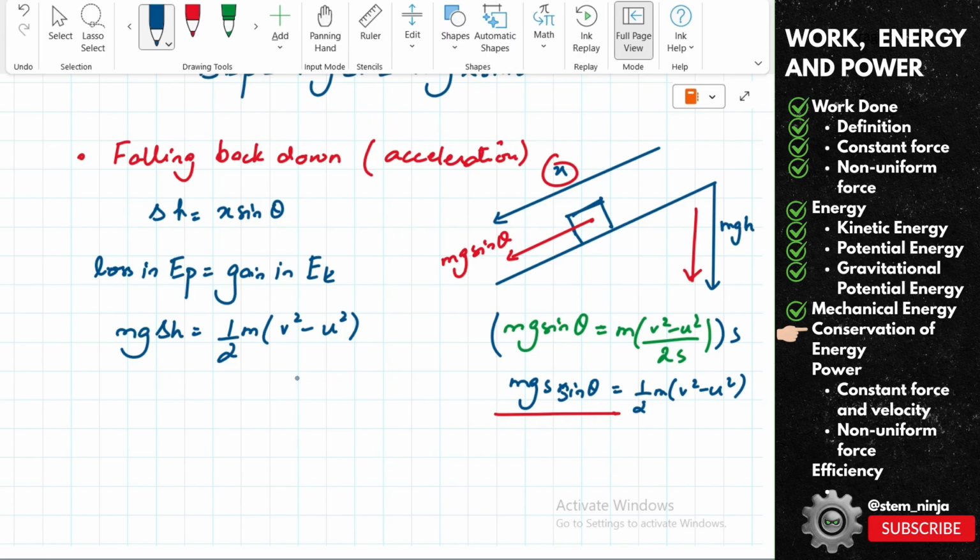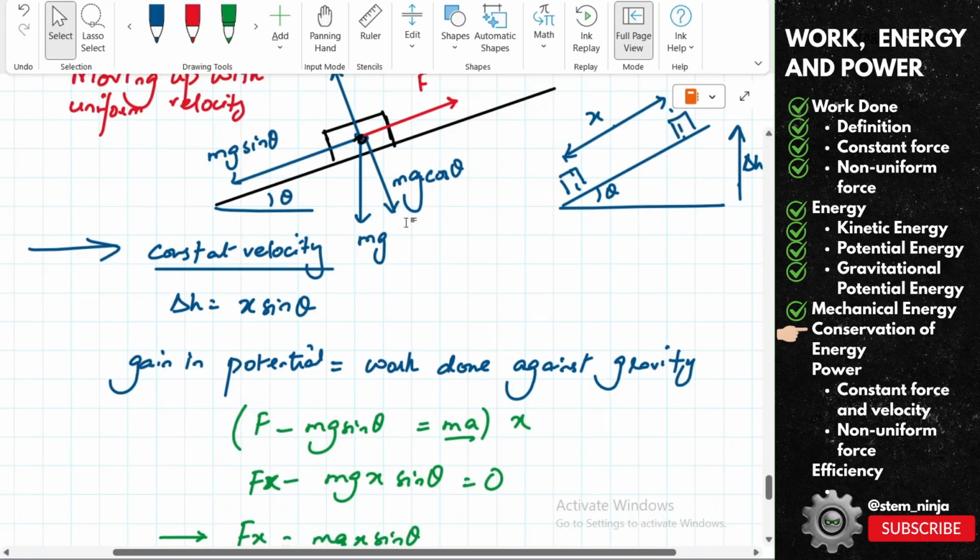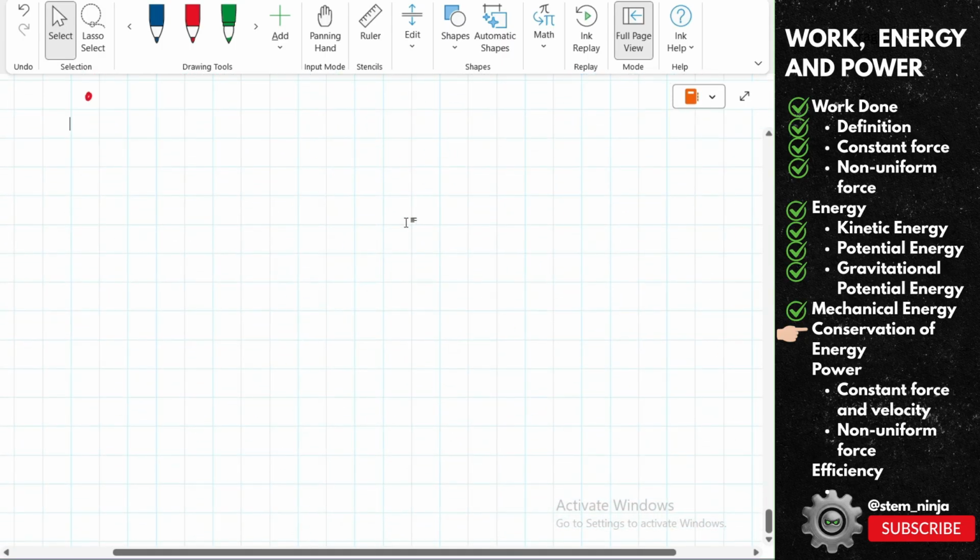Now, what if there was friction involved? Let's say we have the same moving up example but with friction. Inclined plane with friction.